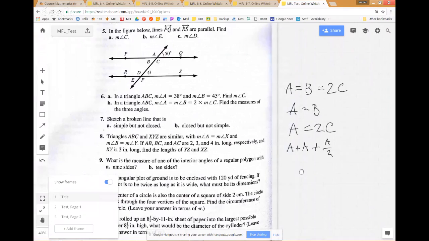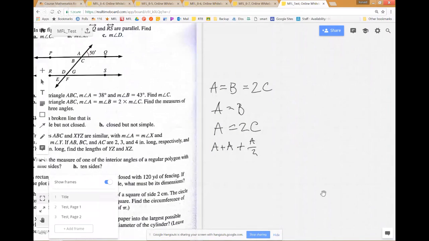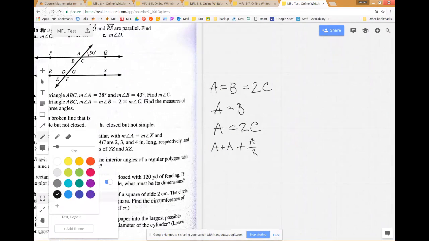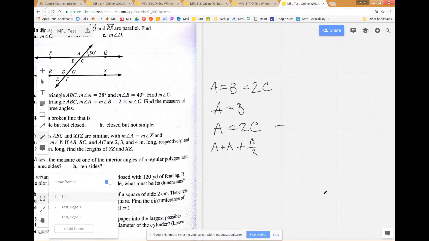If you take this part right here and expand to the right, A equals 2C, and divide both sides by C, you would see that C is A over 2. So when you add up the 3 angles, you get 180 degrees.